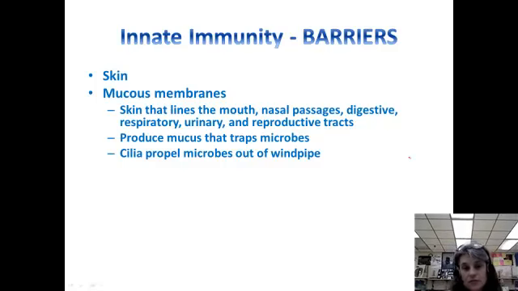Of course, mucous membranes make mucus, and sometimes we think that's a bad thing. When you get a cold, you get snot coming out, and it's disgusting, but it's really a good thing because mucus is a thick substance. It traps invaders. It prevents them from getting somewhere that they want to go. It's a very good thing.